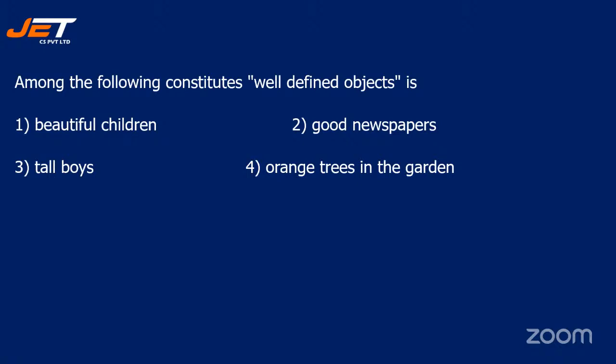There are many newspapers which are good. The third one is tall boys. There are many boys who are tall. The fourth one is orange trees in the garden. In the fourth option, you can see the objects are properly well defined. It specifically says the trees in the garden which are orange. Therefore, only option 4 constitutes well-defined objects.